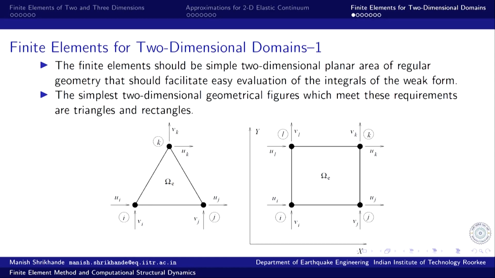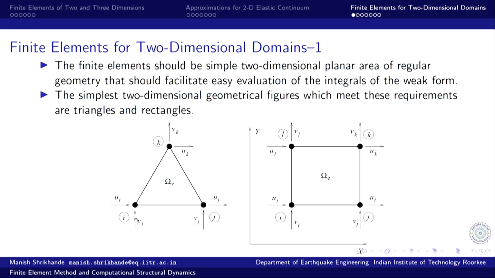Now, the primary variable is defined at each node. The nodes are numbered in counterclockwise order, so i, j and k are the node numbers for the particular element E, and for each node there are 2 degrees of freedom or 2 primary variables.